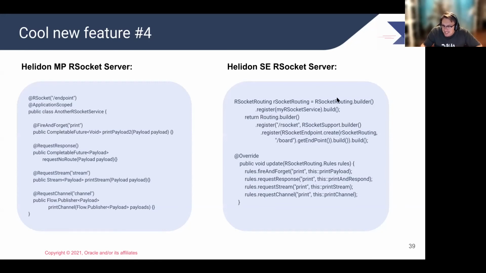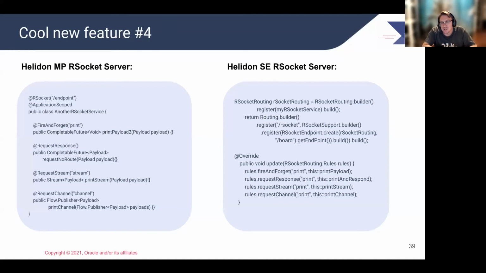For Helidon SE, for those of you who are familiar with the idea of Helidon SE services and routing, we have created, following absolutely the same semantics, the RSocket routing and RSocket services. The only thing you have to do is implement a service, for which you also have 4 different rules. Like, what will you do if you receive fire and forget?